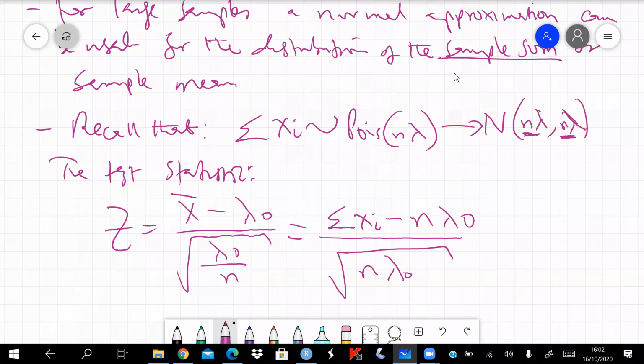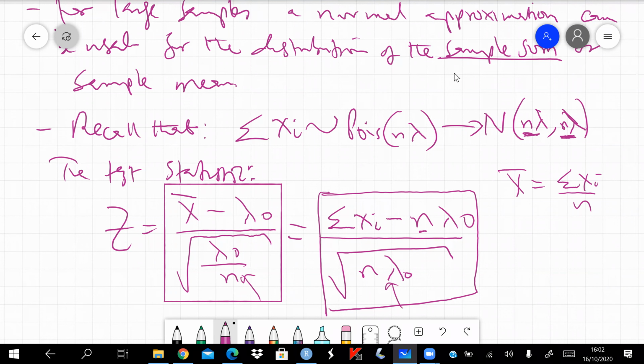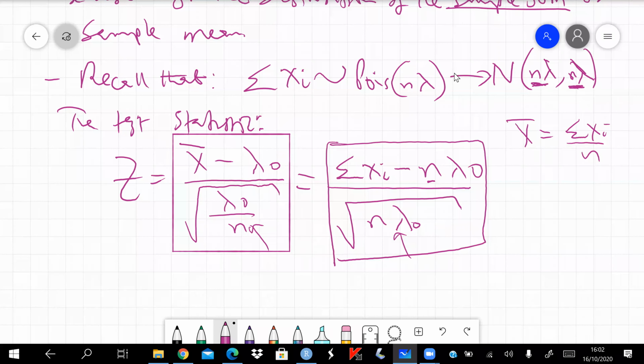Please notice that the two formulae are just the same, because we know that x bar is given by summation of xi's divided by n. So if you want to use xi's, that's why we are multiplying by n elsewhere. If you play around with the divisor, you'll end up with this. So that's the test statistic, which is a standard normal. That is true when the samples are large.